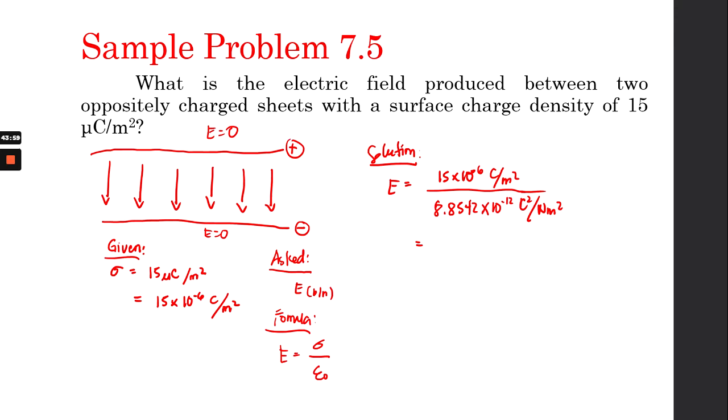So the electric field in between these two charges is equal to 1.69 times 10 raised to 6 newtons per coulomb. So that is the electric field happening in between these two charged sheets.